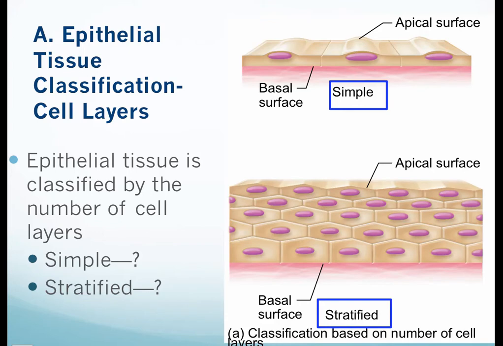Now, a couple of slides ago, I mentioned we can classify each of these cells by their layers and also by their shape. The first thing we're going to look at are the layers. If the tissue is composed of a single layer of epithelial cells, this is called simple epithelium.